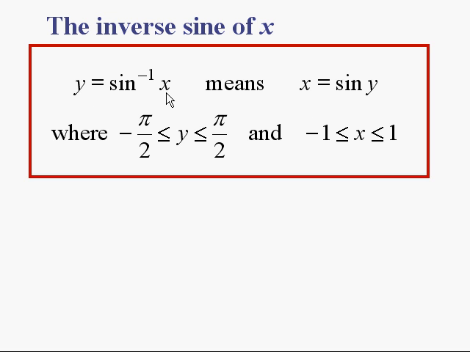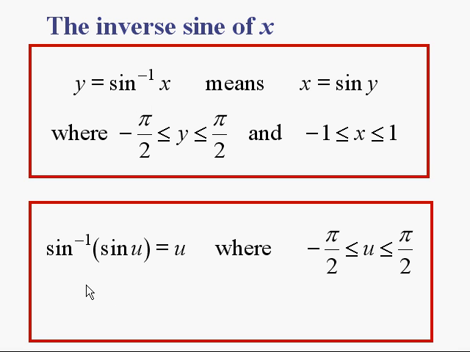Y is an angle. X is the value that's the sine of that angle. So y equals sine inverse of x means that what we're going to do is to assign to a number x the angle whose sine is x.